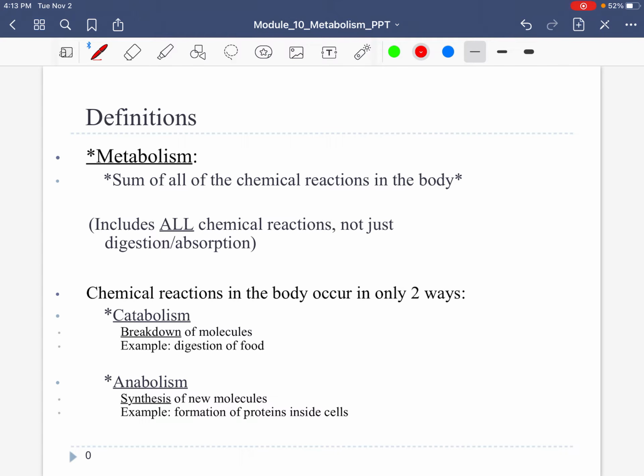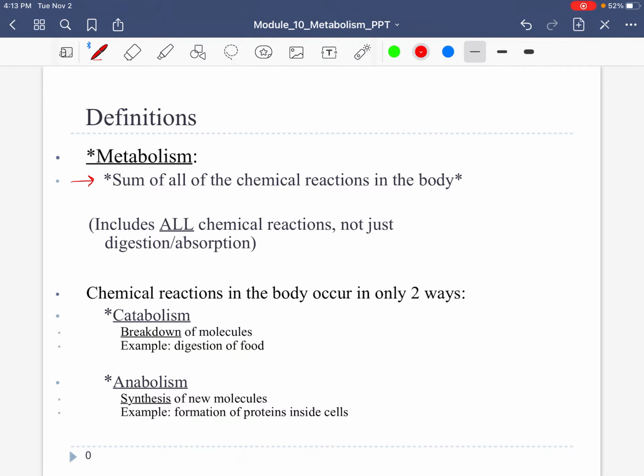Okay. Metabolism, everyone's probably heard that word. When we talk about the biological definition, the definition in our body, this is it: the sum of all the chemical reactions. That's it. We tend to think of metabolism as it relates to the metabolism of nutrients.